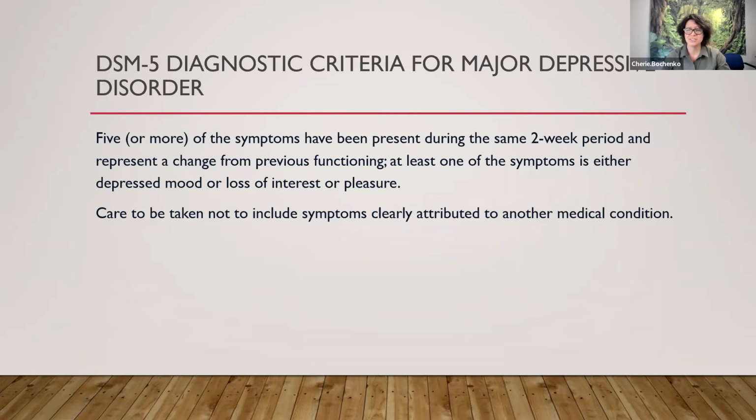Depression is the highest lifetime prevalence of any single psychiatric disorder, with 20% of all people experiencing a depressive episode in their lifetime. Major depression occurs without a history of manic, mixed, or hypomanic episodes. And care must be taken not to include symptoms clearly attributed to another medical condition or a life situation.